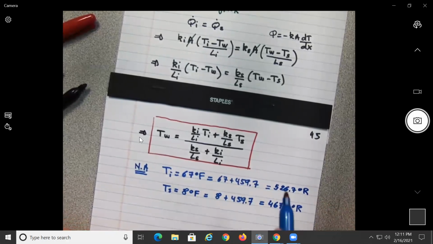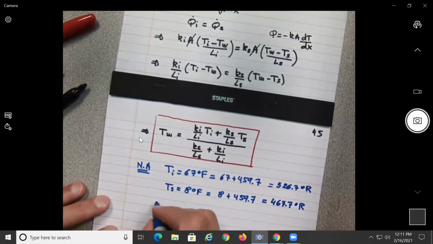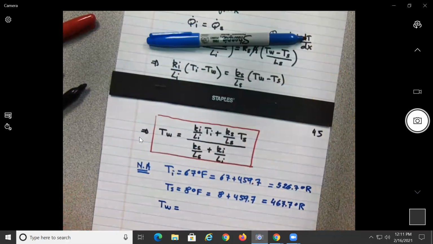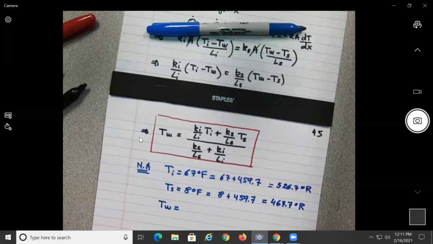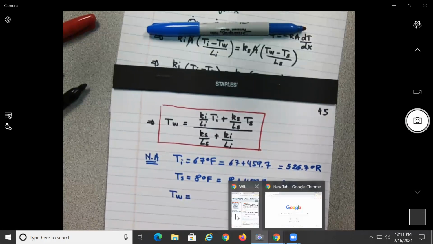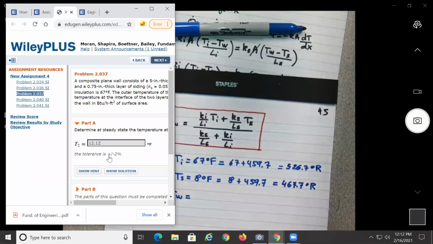Okay, and you know all the other values, no? So if you want, go ahead and check, I give you time to check, but for this data, I think you had to find 12.12 Fahrenheit.